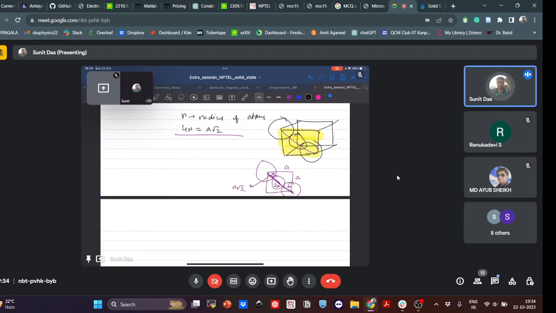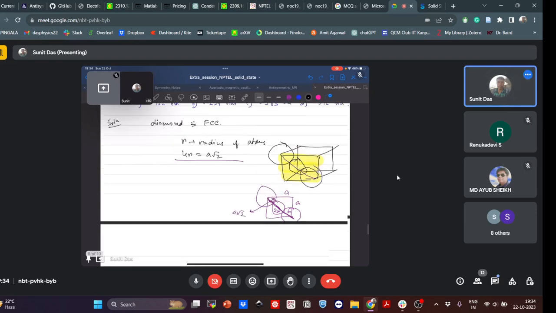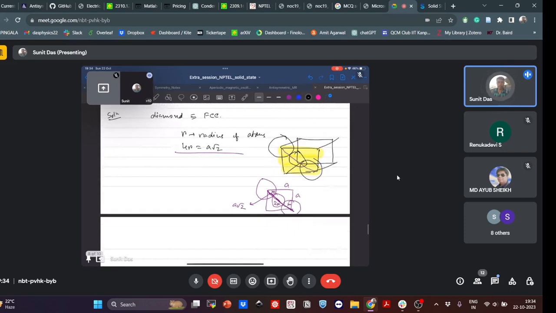And we have been given the unit cell edge. And we need to find the interatomic distance. So interatomic distance is this one, right? Center to center. So interatomic distance d equal to 2r equal to a root 2 by 2.